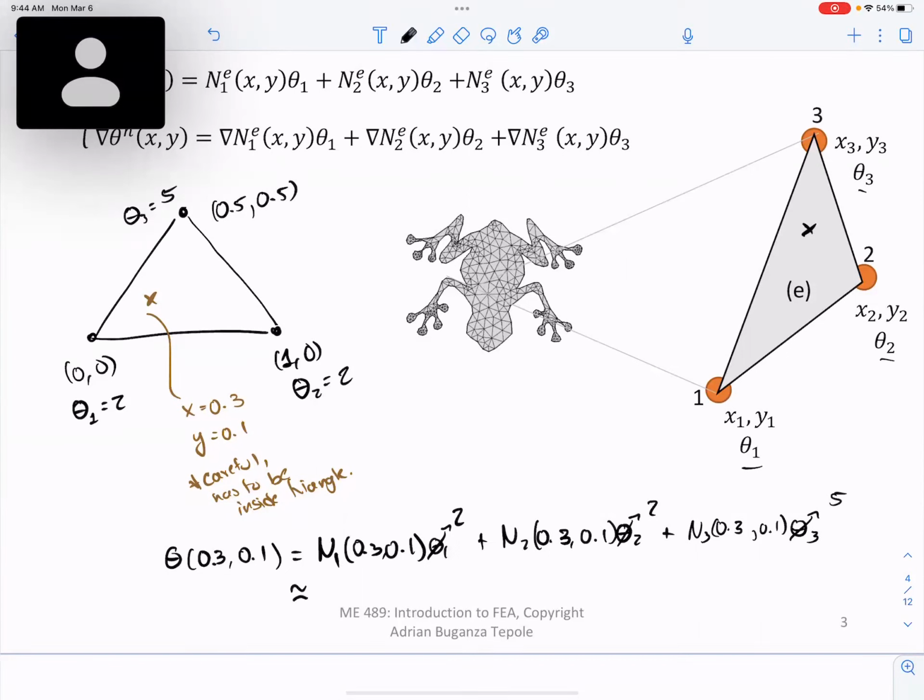I don't know here because I don't want to evaluate the shape functions, but more or less, what would the value be? Definitely somewhere between 2 and 5. So it's going to be maybe 2.5 or something like that.